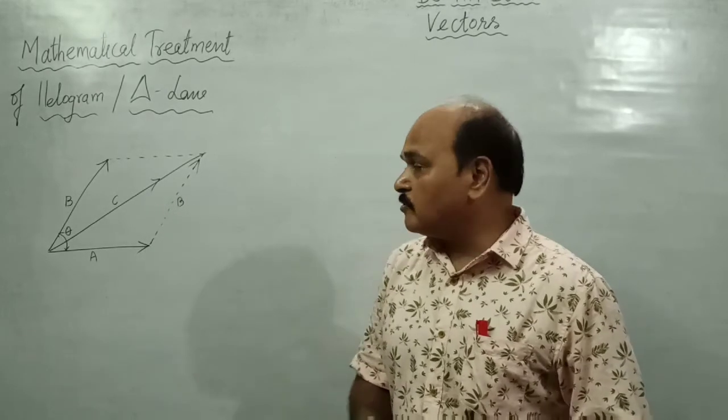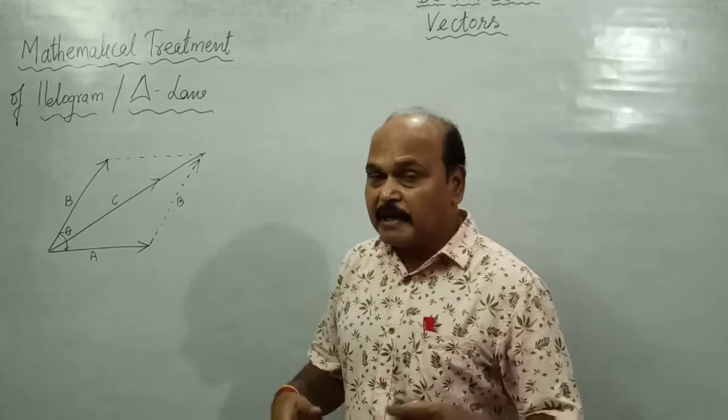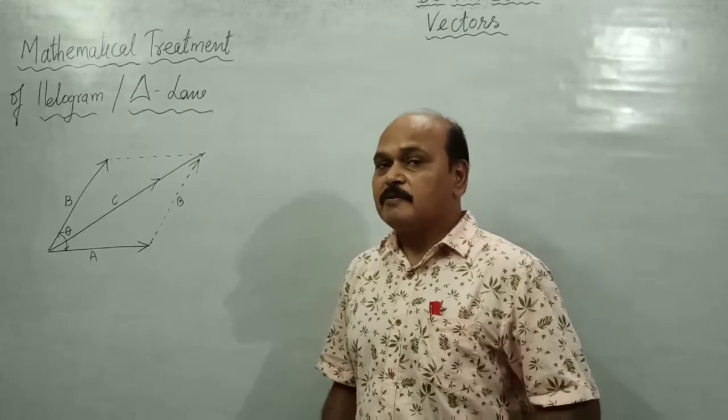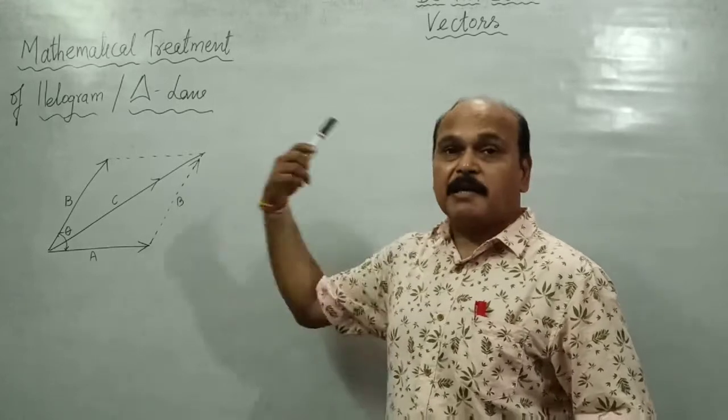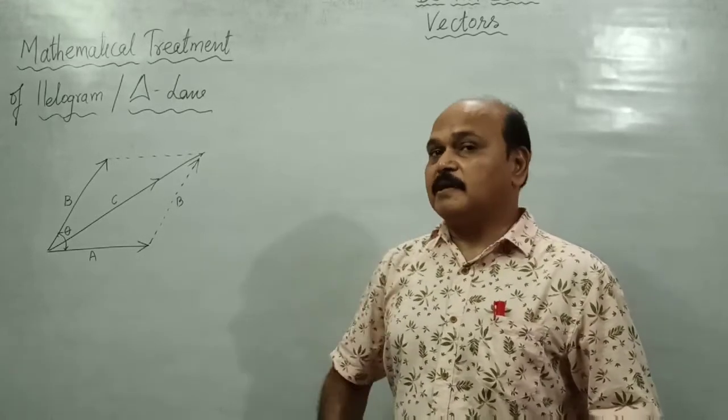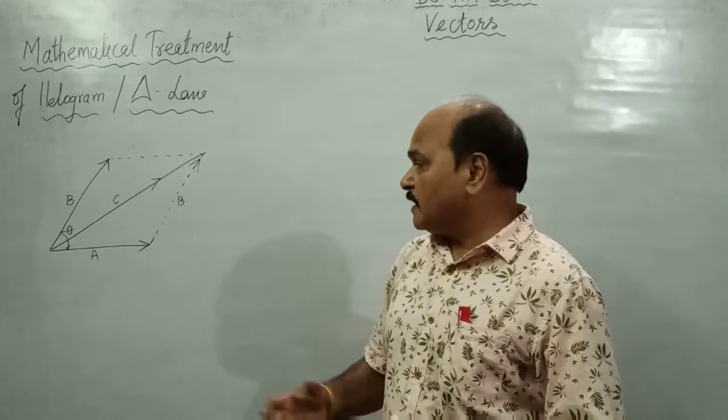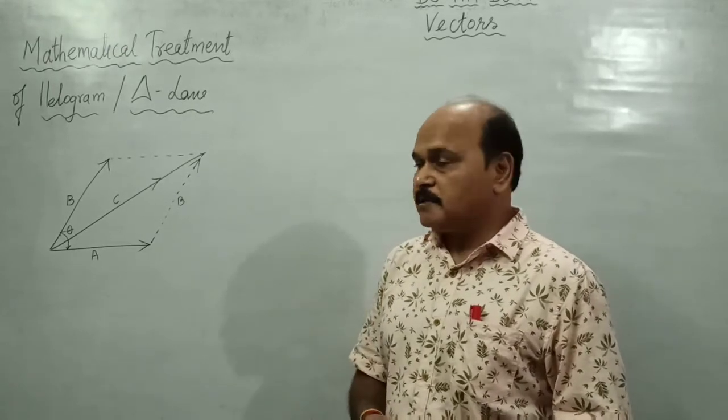Now we are going to work out a mathematical relation for the magnitude of the sum of two vectors and also a mathematical relation for the direction of the resultant. There are certain constructions we are going to do here.